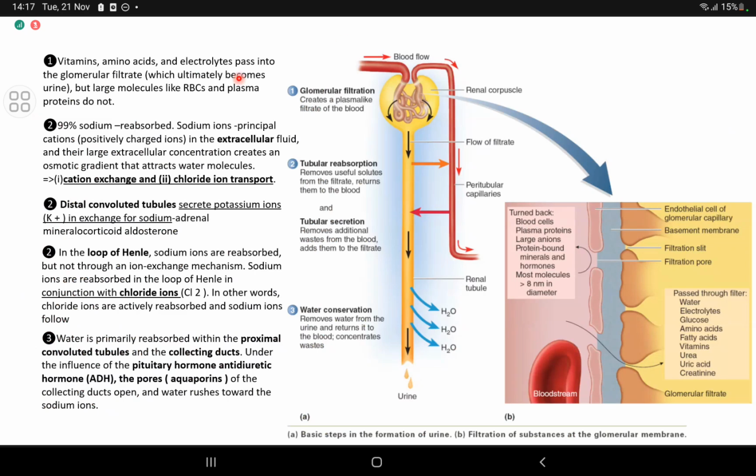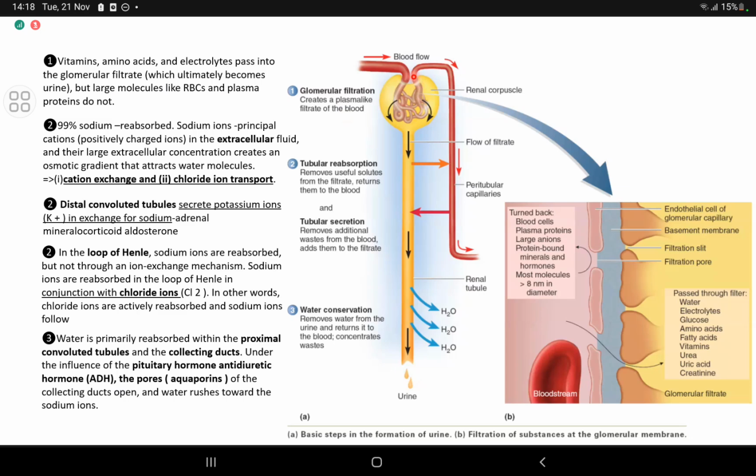So this is another slide that you need to understand. I highlight a few points here. First thing you need to remember: not all elements are going to be excreted or filtered out. Those that are largest in molecular size we are not going to filter out; they will remain in your glomerulus.